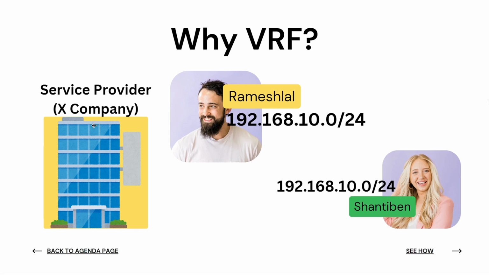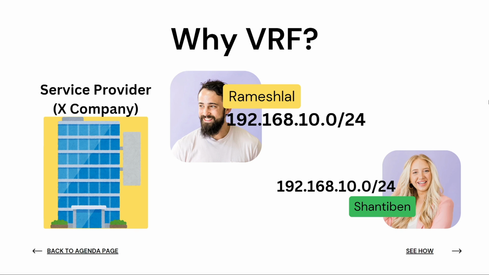Now, what is the problem? Let's say Ramesh Lal works at a university, and he wants the university to get internet services from the service provider, X company. Shanti Ben also wants her school to have internet service from X company.